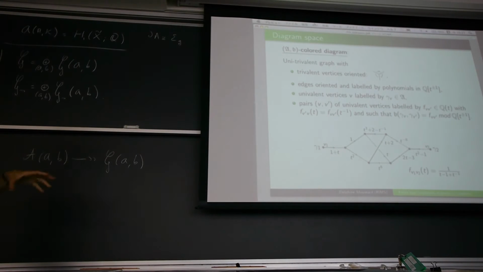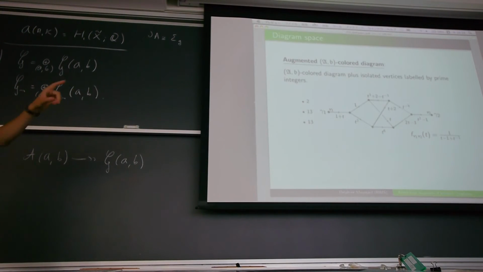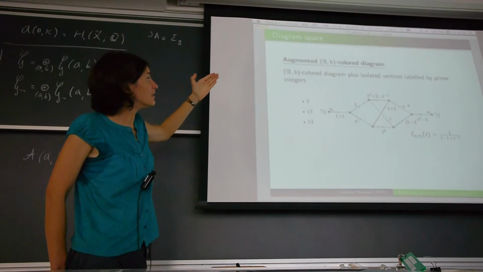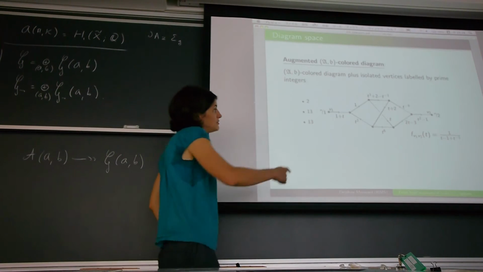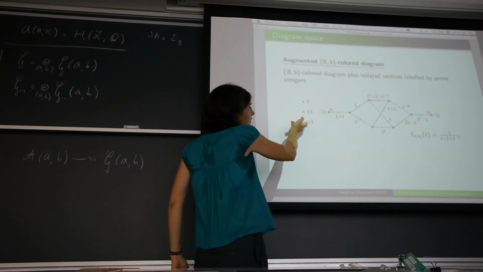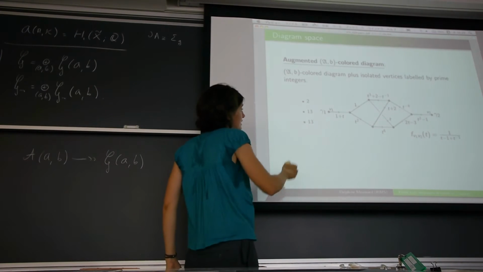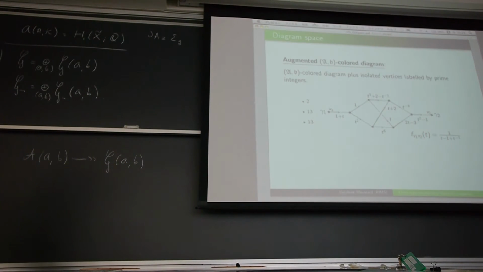We will see in a moment what sense we can give to this label. So first I introduce a little generalization we call an augmented AB colored diagram: an AB colored diagram with a finite number of isolated vertices labeled with prime integers. And we define the degree of such a diagram as the number of isolated vertices.